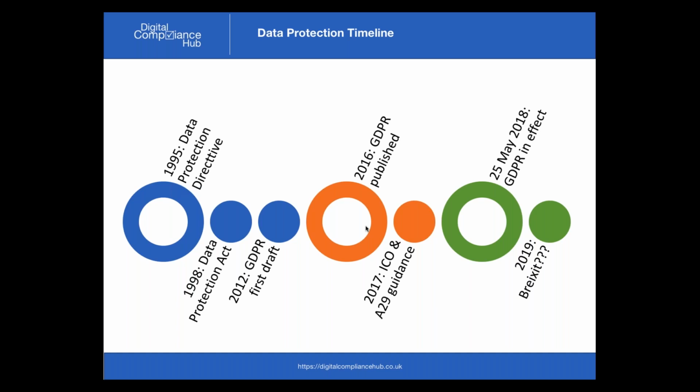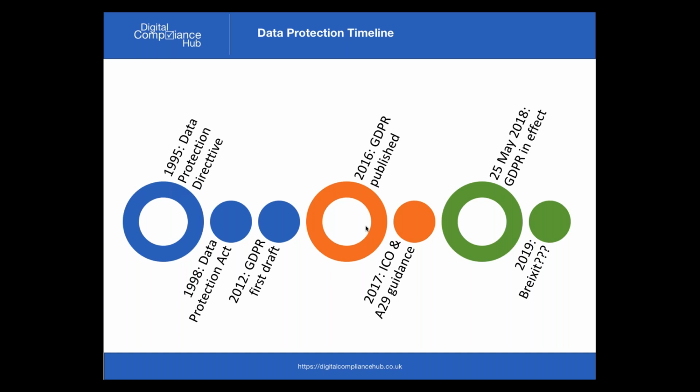So, as it says there, 25th of May 2018 is when the GDPR comes into effect. It's a European-wide regulation, so it impacts the whole of Europe and will replace the Data Protection Act in the UK. And then, of course, one of the issues that I think the governments and the EU have struggled with is the fact that the UK is leaving Europe, but probably not until 2019.